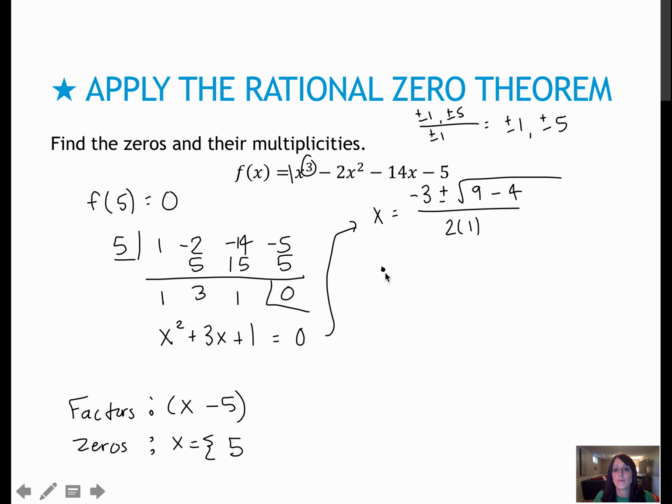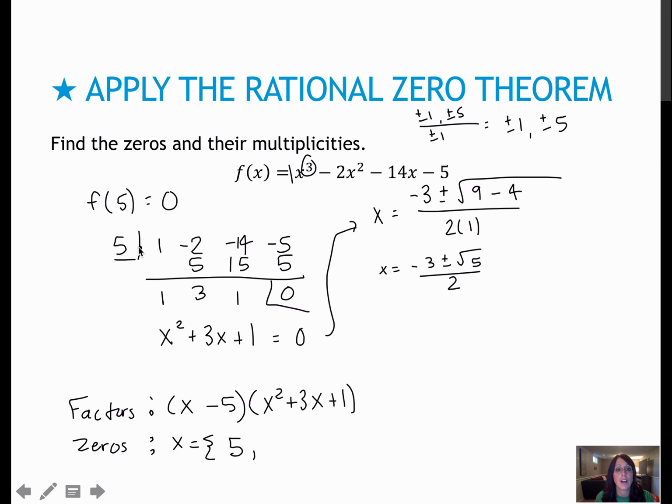So that gives me negative 3 plus or minus radical 5 over 2. And depending on how they want me to write my solution, I would probably write this did not factor any further, so that's my factor, that's my factorization.